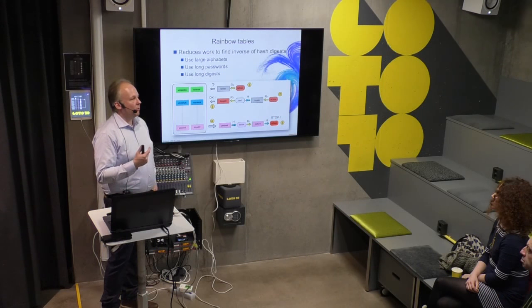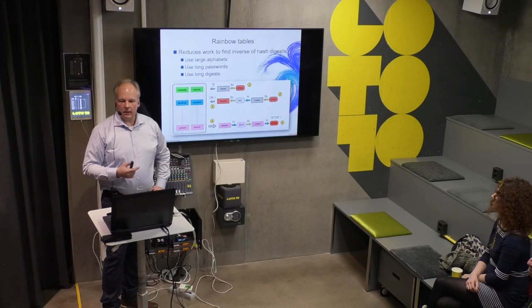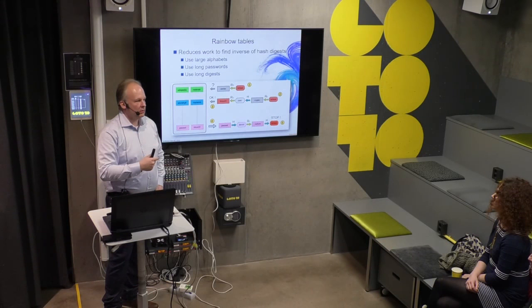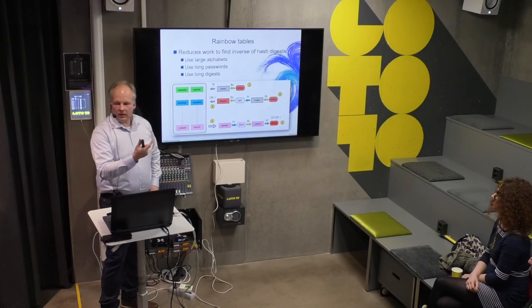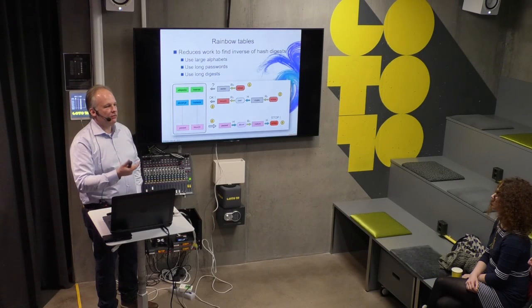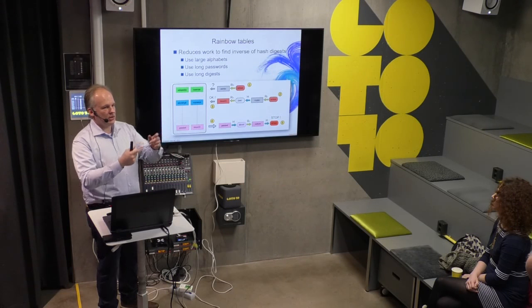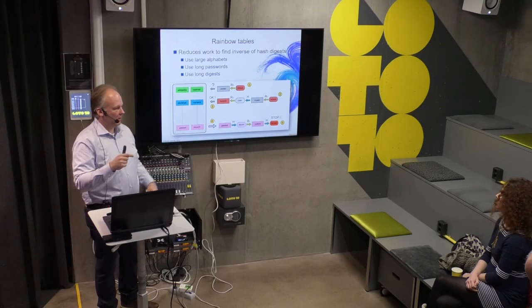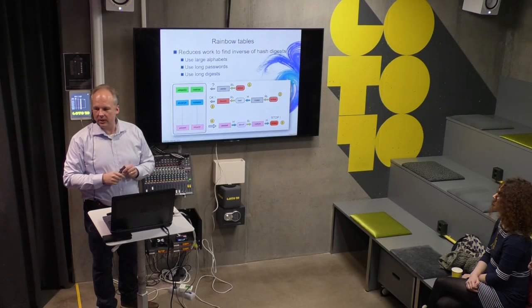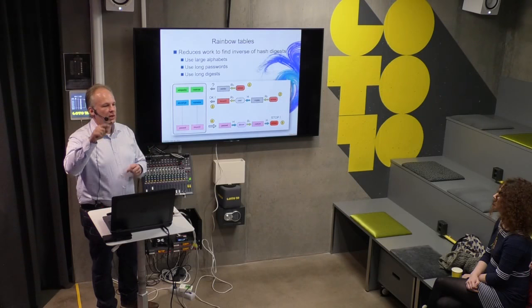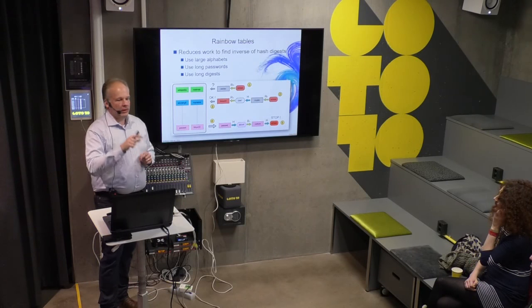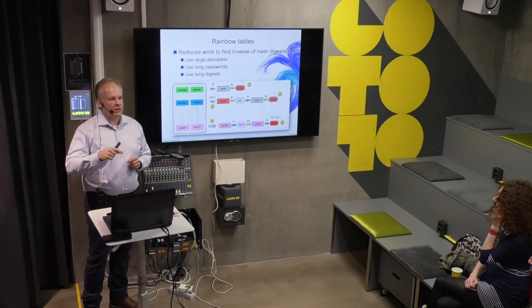A rainbow table means that, okay, you have a hash. From the hash, you can create some kind of reverse function. It takes the hash and creates a new password in the space of possible passwords. Then it computes the hash on that password and reverses it and computes a new hash and reverses it.